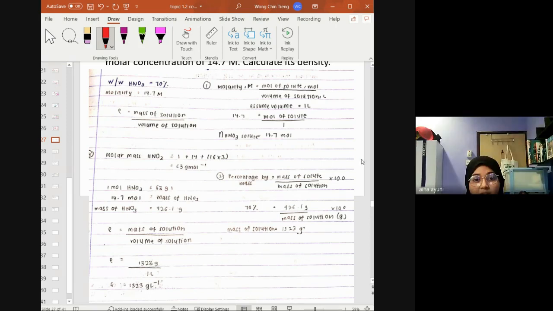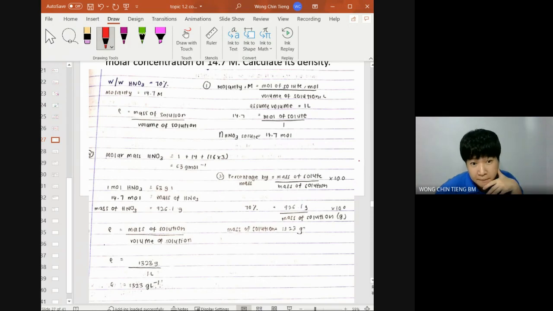Decimal places. Soalan, by the way, soalan minta density, jawapan kawan kamu density adalah this.